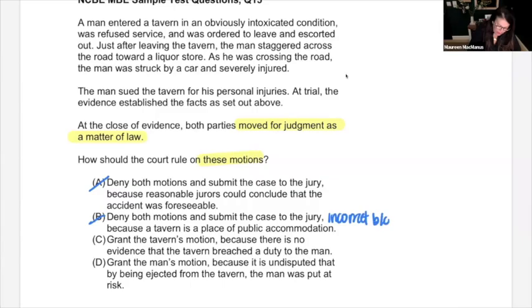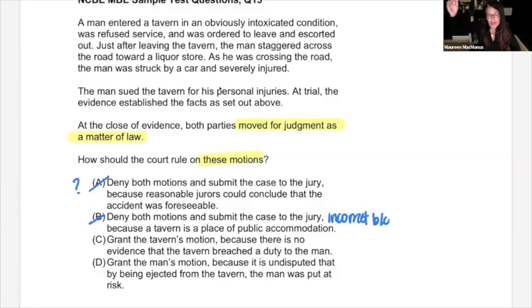Incorrect because, and I'm going to put a little question mark here because I think this is probably one of the trickiest questions in this set. So this is incorrect because place of public accommodation is irrelevant. What they might be hinting at, what my mind went to when I saw this, was innkeepers and common carriers. In torts, innkeepers and common carriers have a duty of the utmost standard of care.